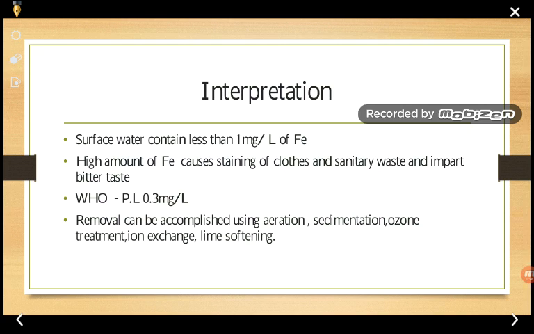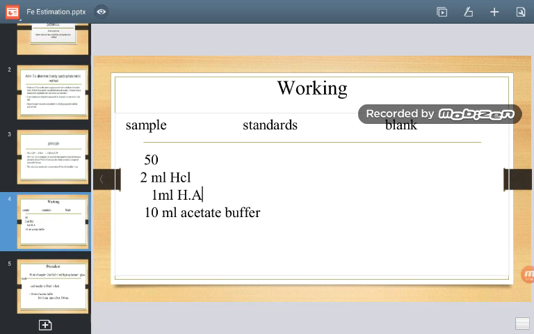Now coming to the interpretation, how to interpret your result. Before interpretation, we must know the working. So what is the procedure for estimating the iron content in the water sample?